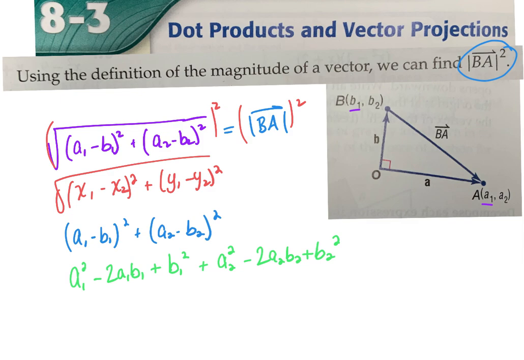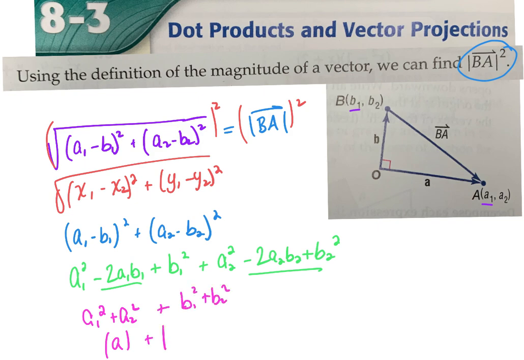And if we were to simplify this part of it, we'll group the A's, which is what they do here: A1 squared plus A2 squared. That's just how we would represent this. Remember when we have it in composite form, it's just the two of them squared, right? And then we have B1 squared plus B2 squared.